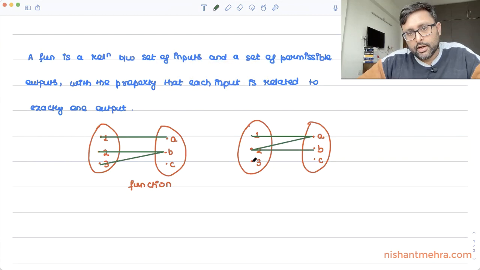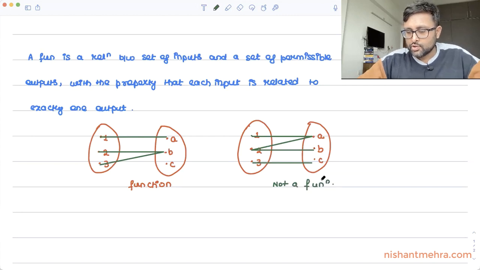Input 3 goes to C. Now this is not allowed. So each input should be related to exactly one output. So this is not a function.